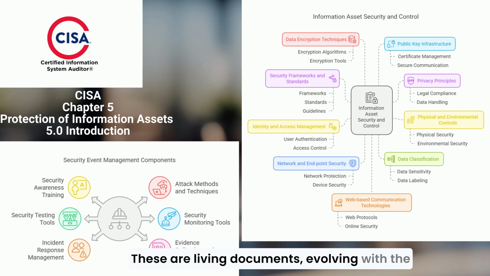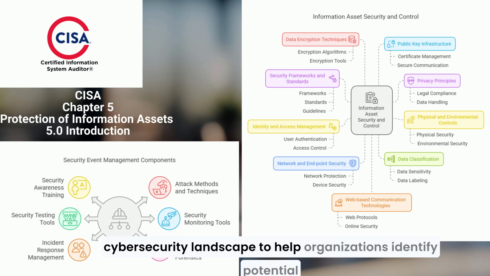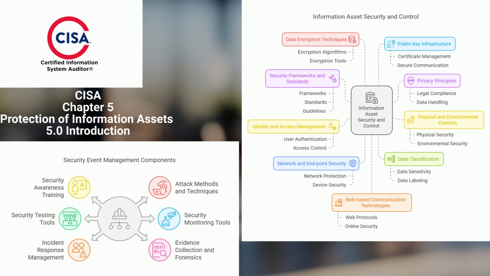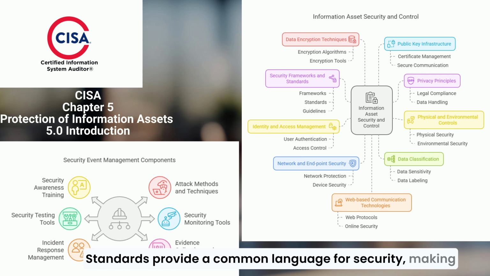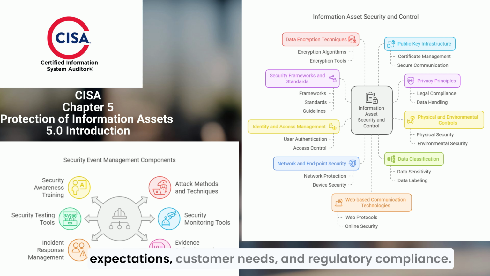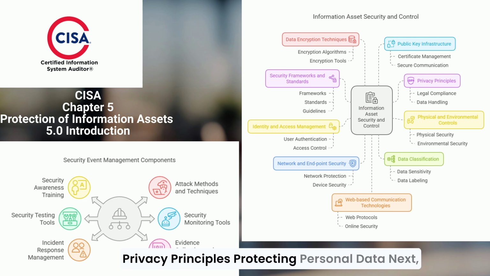These are living documents evolving with the cybersecurity landscape to help organizations identify potential risks, craft robust protections, and ensure that policies are repeatable and scalable. This isn't merely about prevention, it's about consistency. Standards provide a common language for security, making it easier to align internal policies with industry expectations, customer needs, and regulatory compliance.